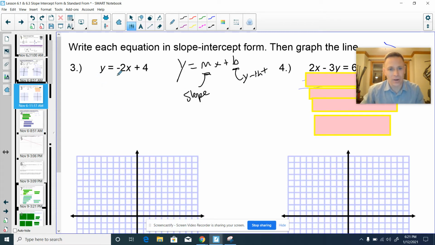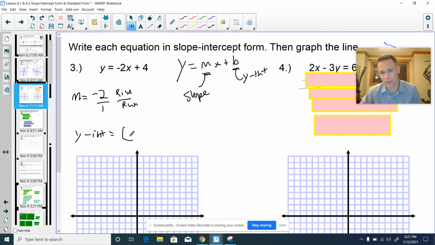If I pick it out of the equation here, I know that my slope, my m value, is -2 because it's attached to the x, right? So -2. And I'm going to turn that into my rise over run directions. My y-intercept is 4.